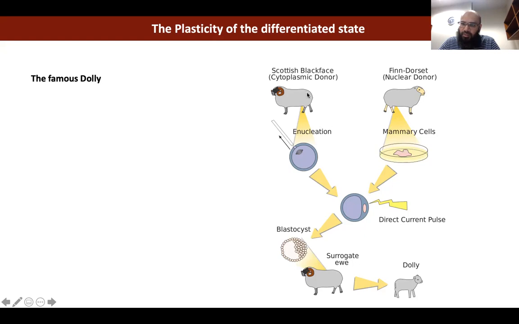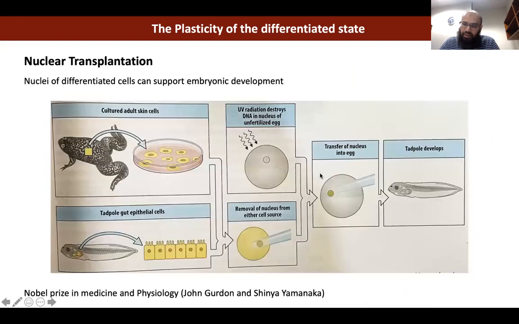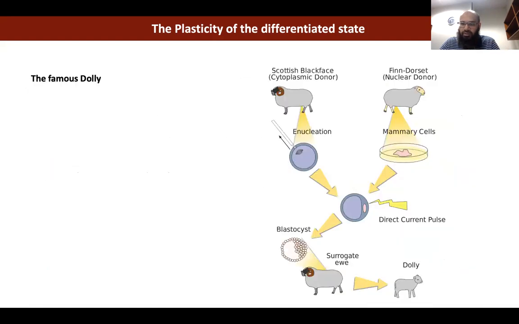Actually, they took cytoplasmic and nuclear donors separately. It was more complicated than what we have learned here. So in this case, there was only a nuclear donor, no cytoplasmic donor. But in the case of Dolly, there was a nuclear donor and a cytoplasmic donor.